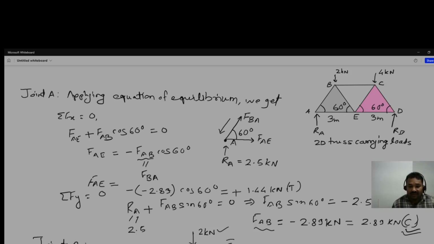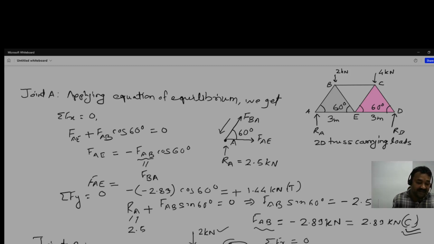So we have two unknowns. And how many equations we have? Obviously, two equations we have, Fx is equal to 0, Fy is equal to 0. Then obviously these two unknowns can be found out.